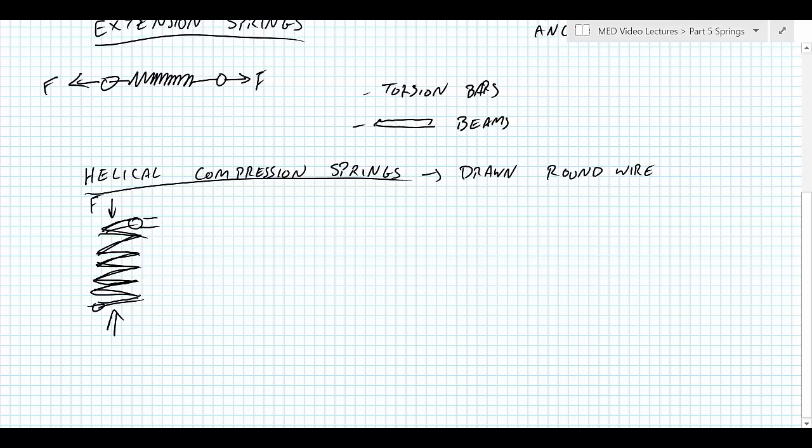So the wire that it's extruded out of has a diameter, and that's going to be, of course, little d here. We'll call it the wire diameter. The formation of it creates a diameter, and obviously there'll be an outside diameter and an inside diameter. What's most useful for us in our nomenclature going forward is what's called the mean coil diameter.